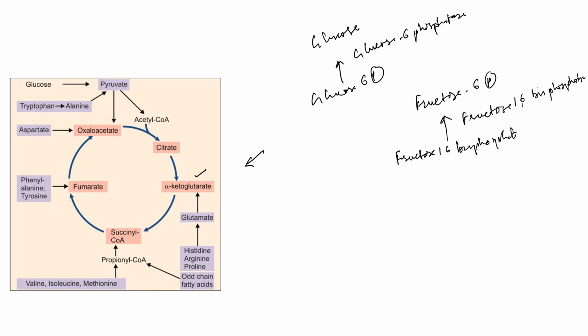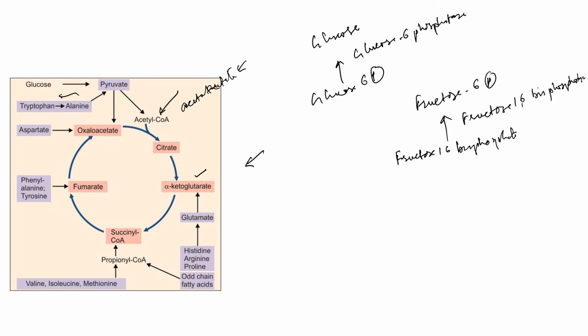Those amino acids which can be converted to acetyl CoA or acetoacetate are called ketogenic amino acids.